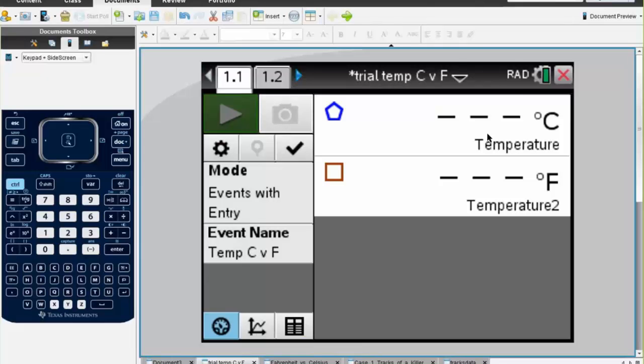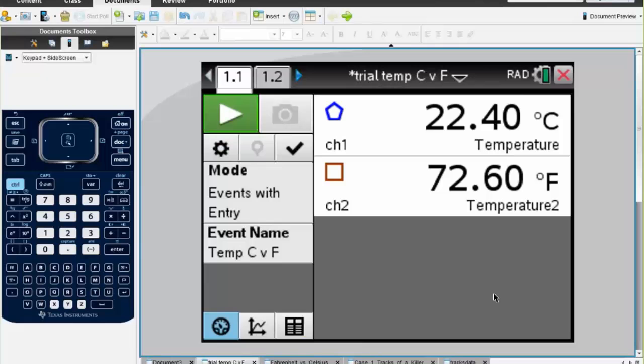So I'll connect one sensor, and fingers crossed this is going to start working. And so the first sensor has started to pick up the temperature. Second sensor, and fingers crossed that one's going to start working. As soon as you connect in the sensor, it will start reading the temperature.